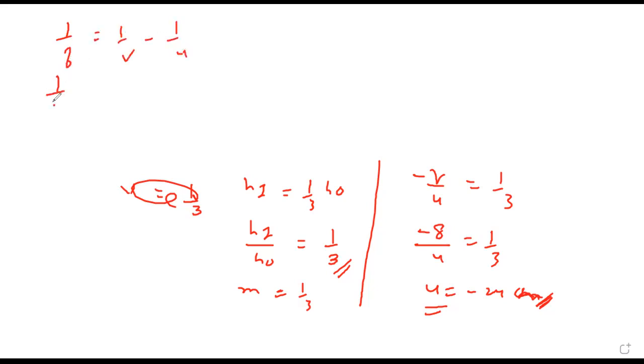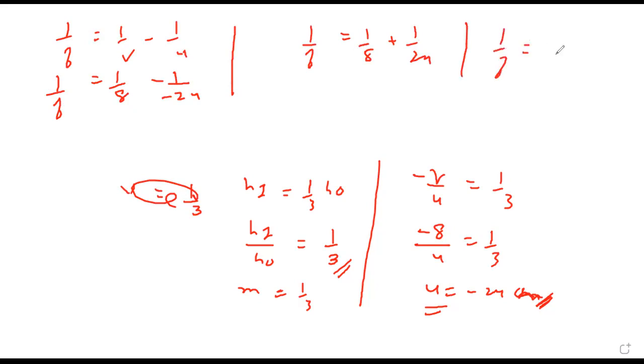So 1 upon F is 1 upon 8 minus of minus 24. So 1 upon F equals 1 upon 8 plus 1 upon 24. LCM 24, 3 plus 1, 4, 6. F equal to 6.